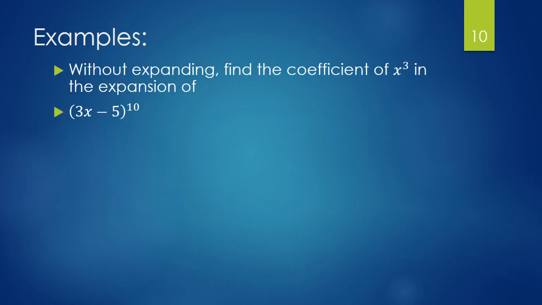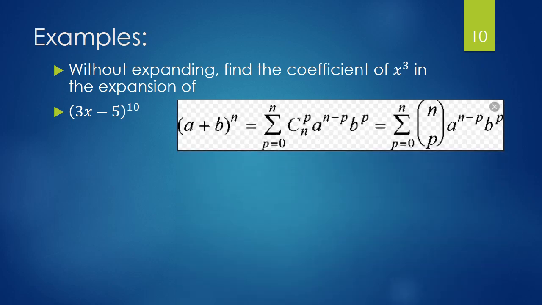Example. Without expanding, find the coefficient of x^3 in the expansion of (3x - 5)^10. Here we refer to Newton's binomial law, but we use the second form, which is (a + b)^n equals the summation from p equals 0 to n of C(n,p) a^(n-p) b^p.